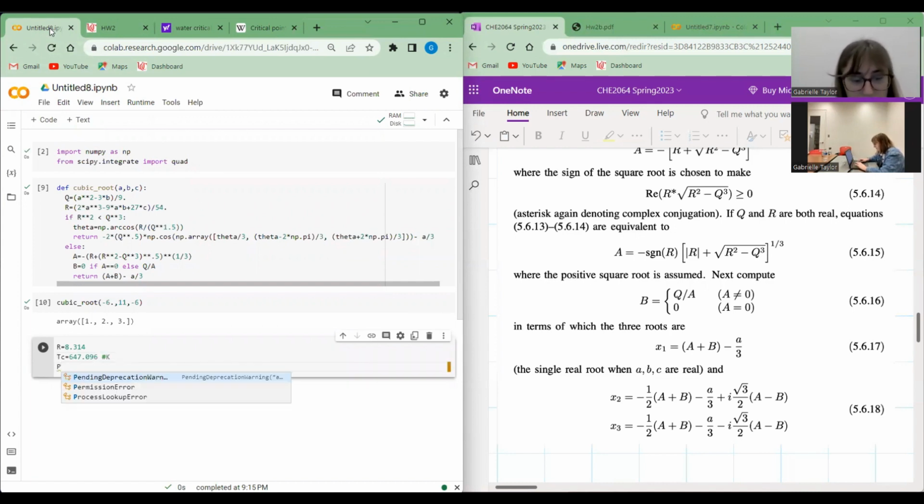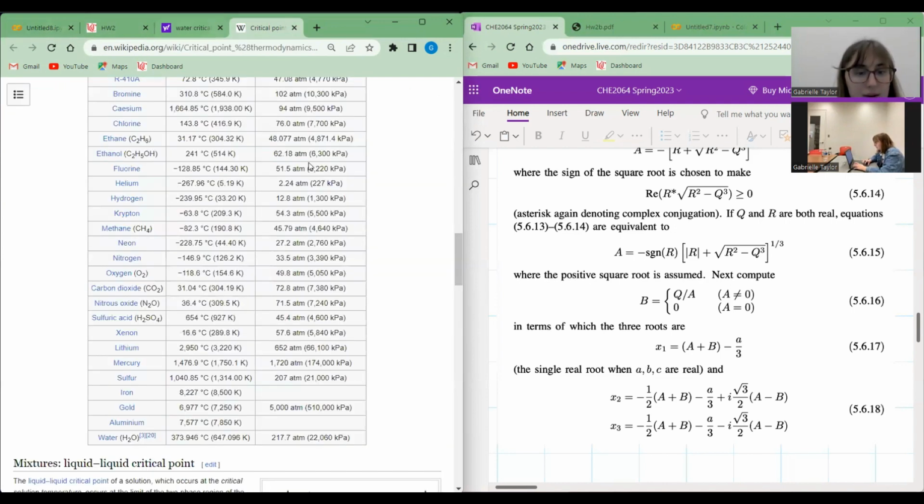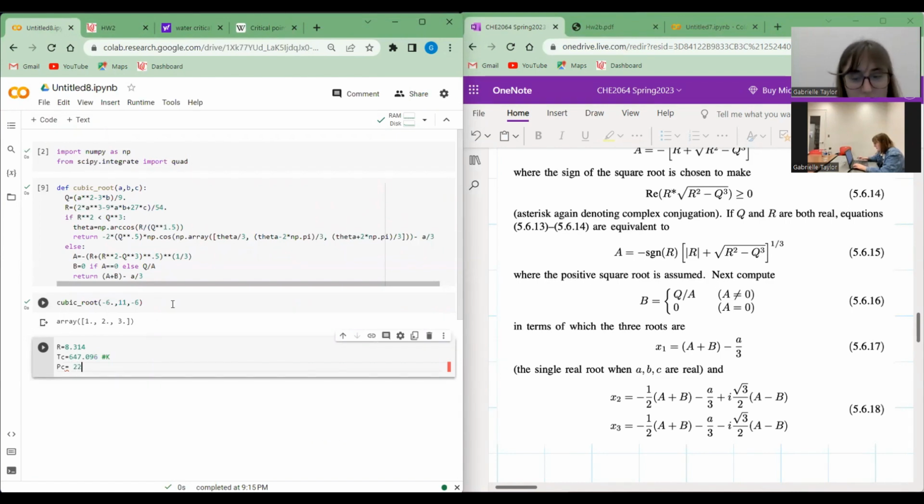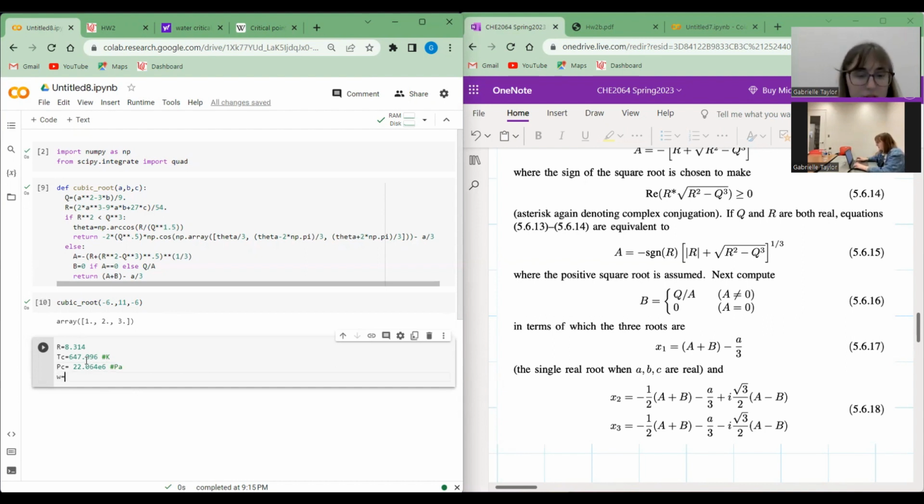Then pressure at the critical point is going to be 222.60 kilopascals, e to the 6. Okay. And then after that, we're going to need our W, which is 0.348.